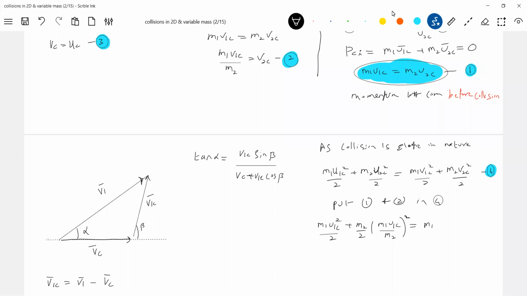Then M1, M2. Now replace V2C. What is V2C from this equation 2?